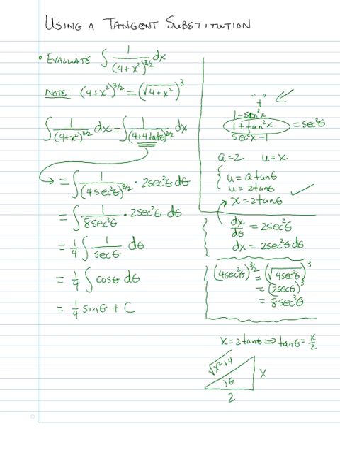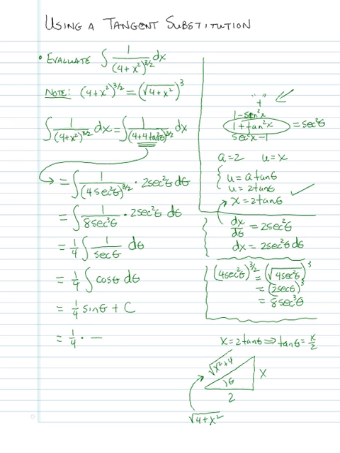So in fact, I'm going to call it that because that's probably what we would see as a result somewhere. And that's because our original had a 4 plus x squared factor in the denominator. So when we're replacing, sine of theta is opposite over hypotenuse.